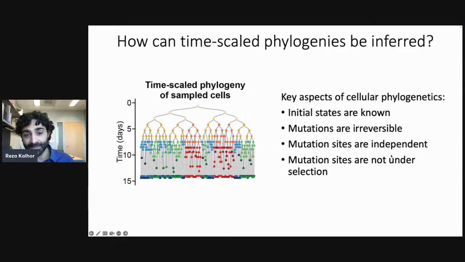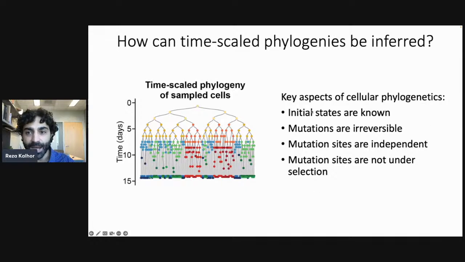This is critically important and very different from evolutionary phylogenetics, where they are under selection and they're not necessarily independent. You often see mutations and variations in different regions being correlated, whereas here in this system they are not, because they are not functional.